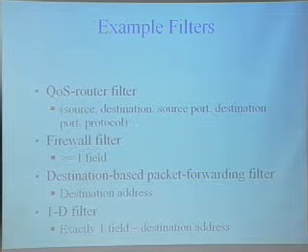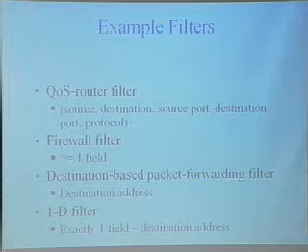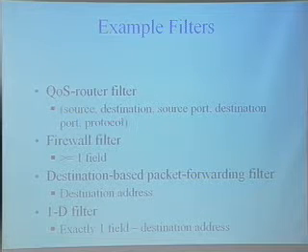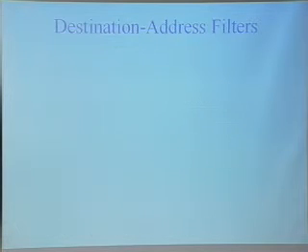Okay. So the most studied type of tables are one-dimensional tables where the single field is the destination address. All right, so let's first look at destination address filters, and then towards the end of the lecture we'll take a look at higher dimensional filters.